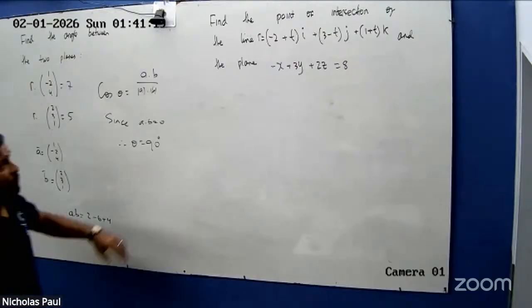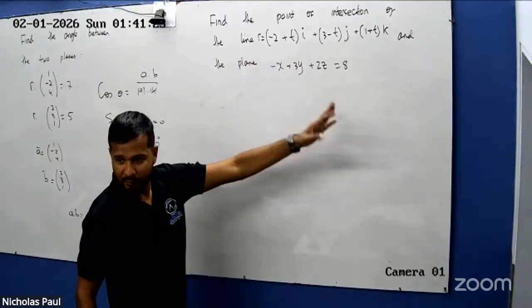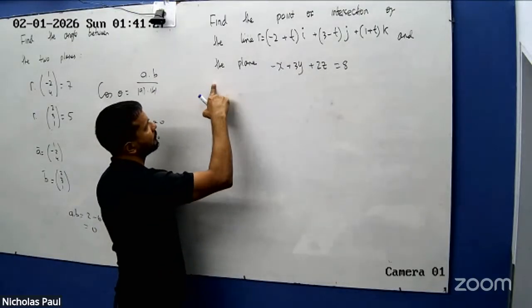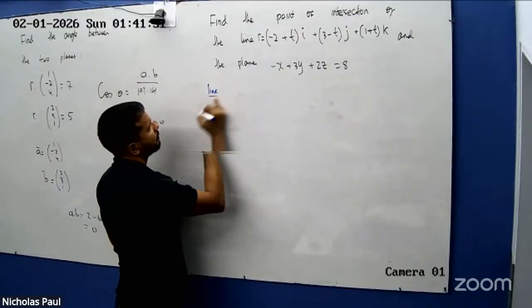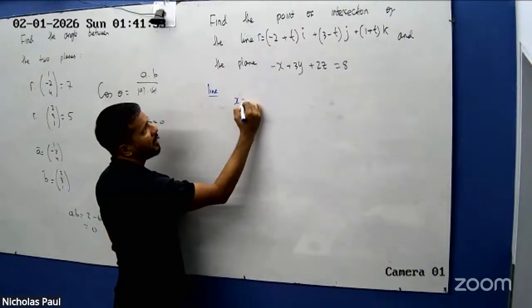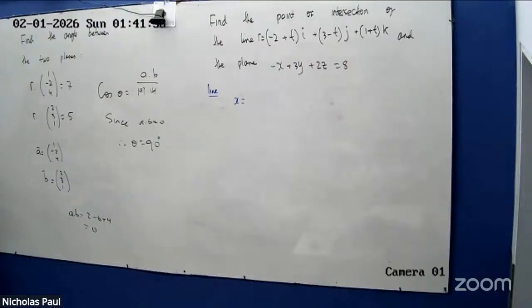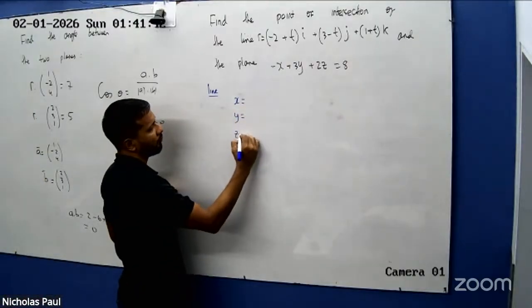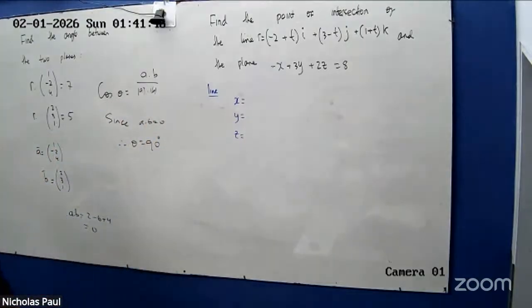Parametric form is where you have x in terms of t, y in terms of t. Get the parametric form.